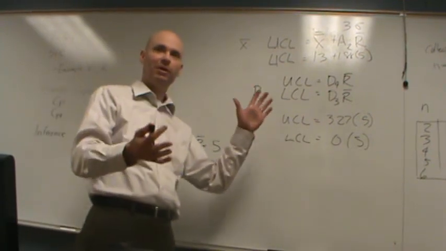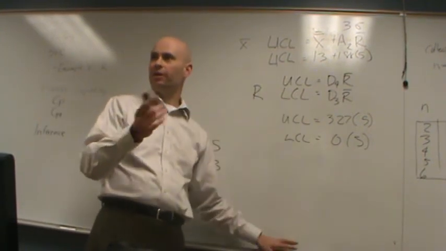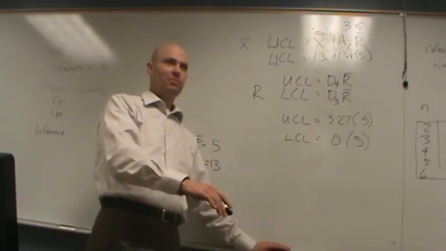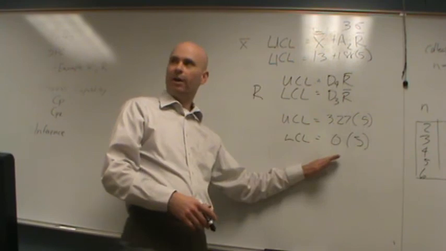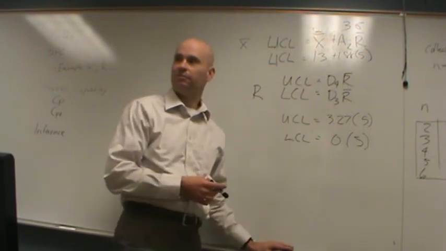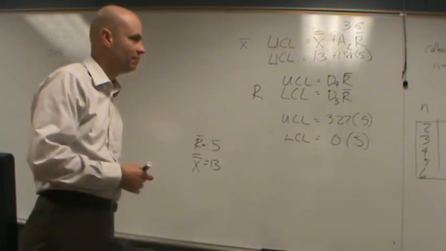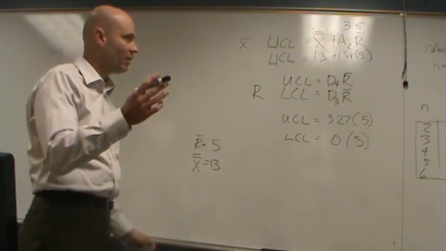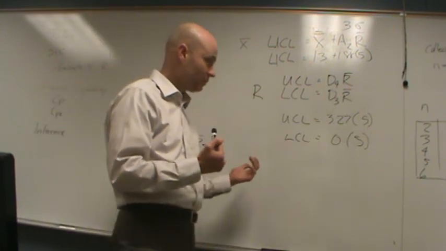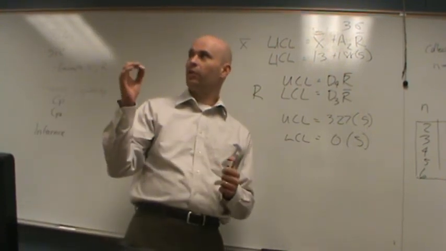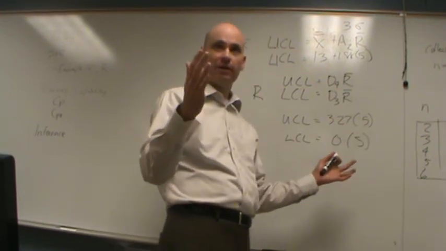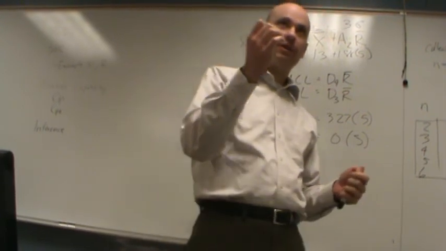Random should be alternating typically either side of the central mean. But most people can tell if a trend is going up or down, or if the variation is jumping all over the place. So what I'm going to ask you to do is create basically a run chart.